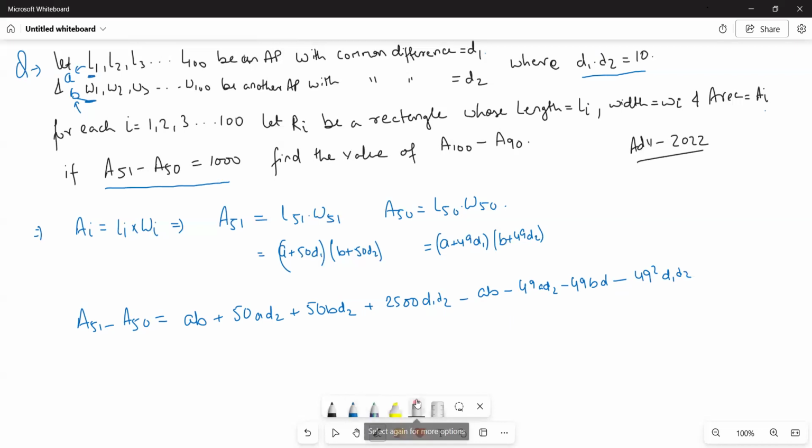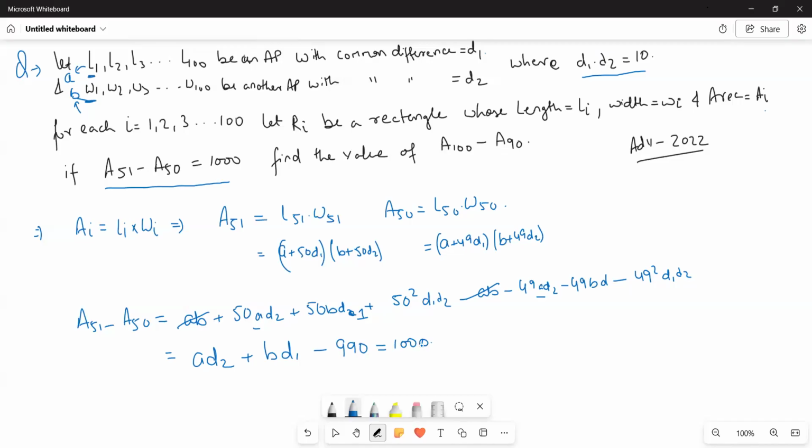In fact, let's keep this as a square, it'll be easier to solve. Now ab cancels with ab, and 50 minus 49 gives aD2 plus bD1, and 50 square minus 49 square is 50 plus 49 into 50 minus 49. So 50 plus 49 is 99 into 10, 990, is equal to 1000.